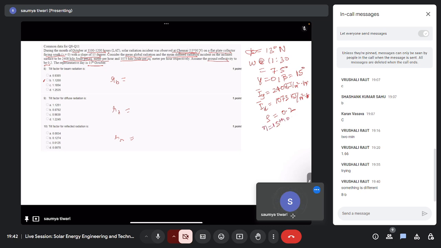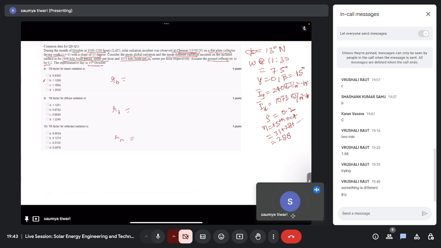You can calculate that by adding 31 for Jan, 28 for Feb, and similarly. So n will be 288.